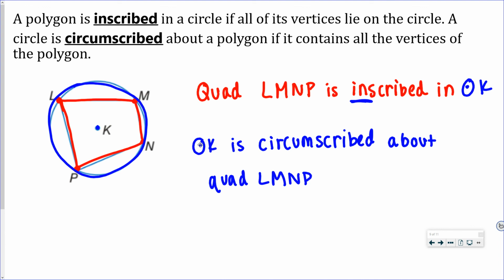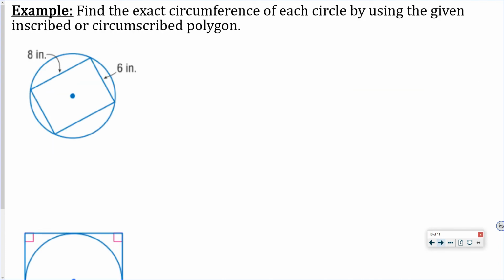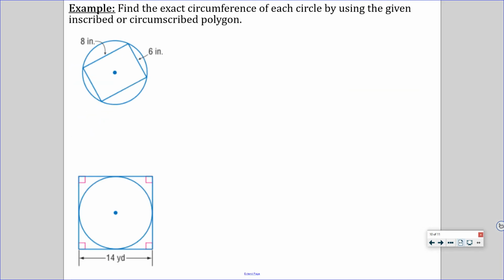Okay, 2 more to go here. This says find the, there's that word exact again. Find the exact circumference of each circle by using the given inscribed or circumscribed polygon. Okay, so just talked about this. It's a rectangle, inscribed in this circle.